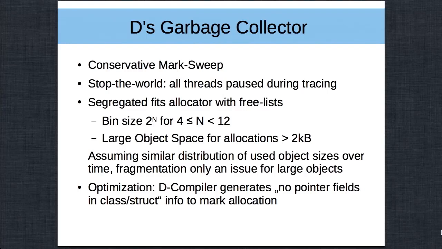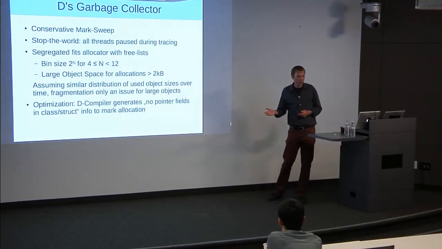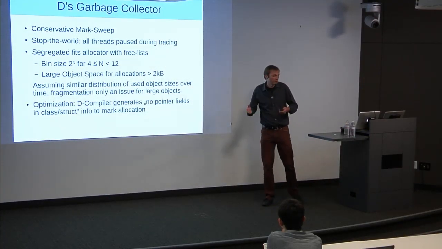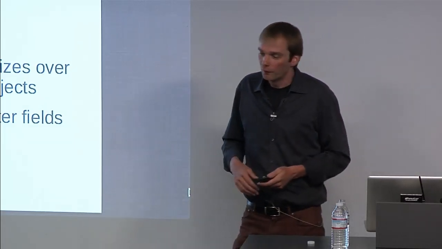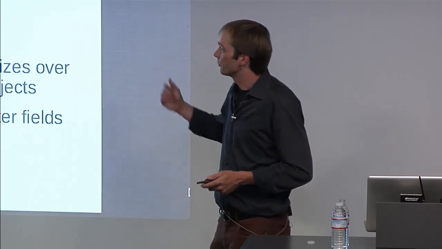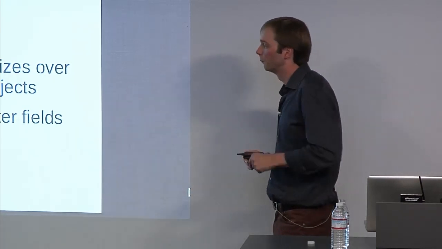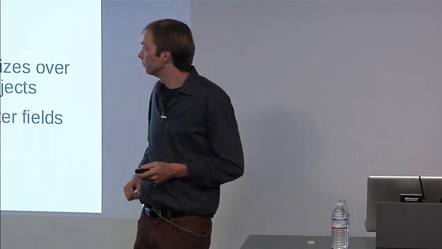So assuming a similar distribution over object sizes in the lifetime of a program, the segregated fits allocator with the free lists is kind of safe from fragmentation, though it cannot really return memory to the system because normally there are still some objects allocated in a page that has been partitioned into those bins.